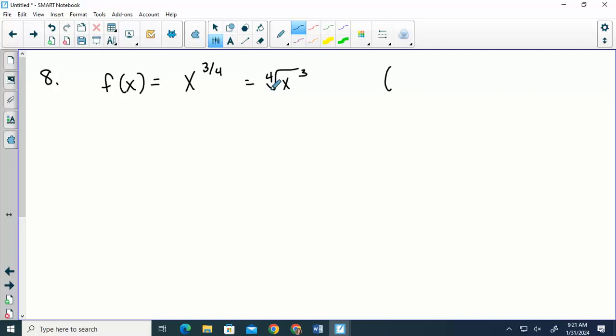Is that close to 83? Yes. So that's the x value we would use, 81 for our x. And then the 4th root of that would be 3, and 3 cubed is 27. So 81, 27 is our point. So then we need our slope.